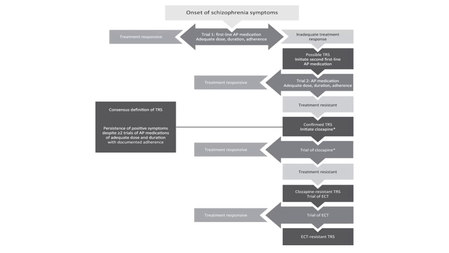So we will consider the next trial for clozapine resistant treatment resistant schizophrenia, the trial of ECT, in which we give the electroconvulsive treatment. Through this treatment, there may be a response. This treatment may be responsive or sometimes resistant. We will call it ECT resistant TRS, treatment resistant schizophrenia.